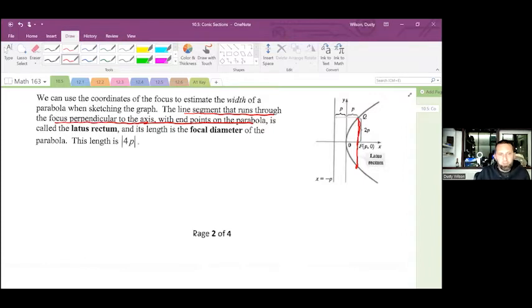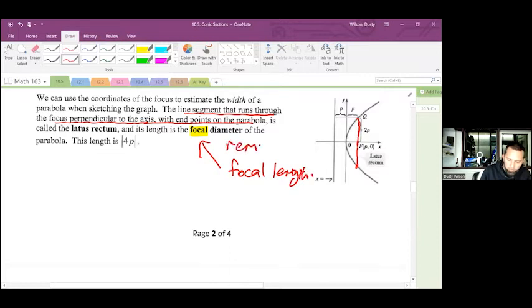One of the things that you might notice here when it talks about focal diameter is that it might give you a hint or a reminder of things like focal length. Okay, so it reminds us of this.